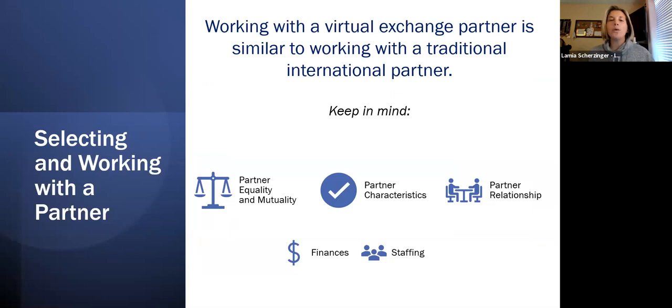When we are looking for a partner, there are a few things we want to keep in mind. The first thing is you want to start thinking about what you want, how much work you want your partner bringing, how much you are going to put into this project, how you're going to split up the project, how much input you want from their institution and your institution, and what kind of characteristics you are looking for.